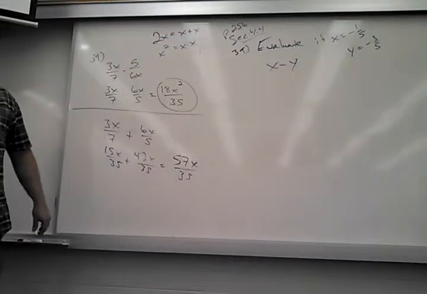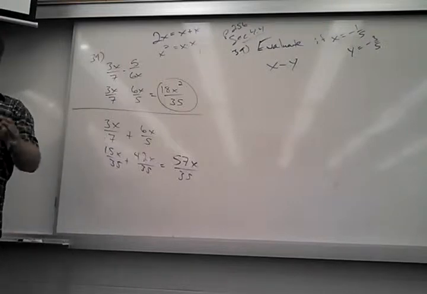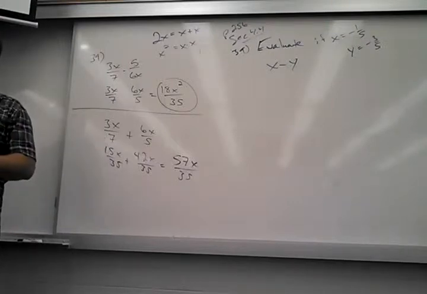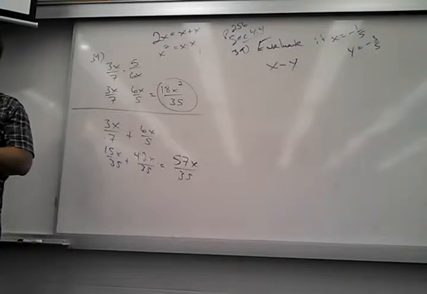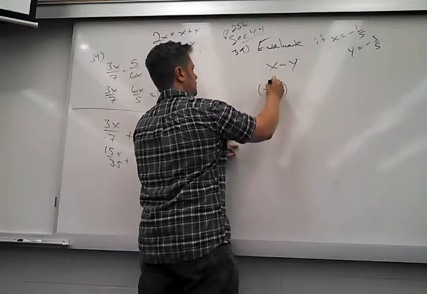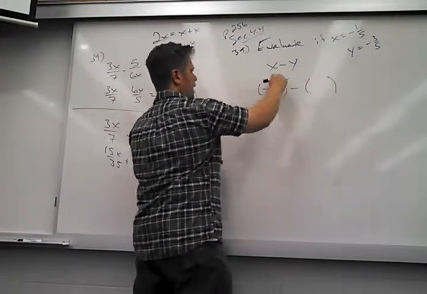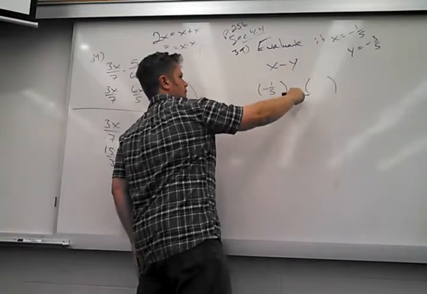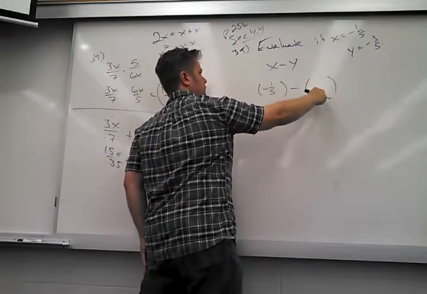The biggest mistake people make here is related to the fact that they're both negative and there's a minus sign in there. Both of those have to be maintained. Remember, what do you do when you plug stuff in place of variables? You put it in parentheses. So I have x minus y. What's y?